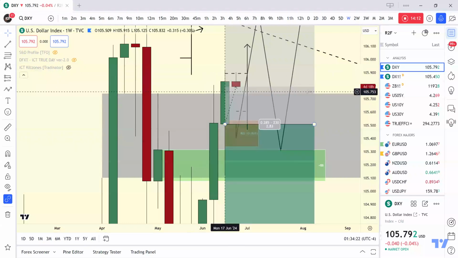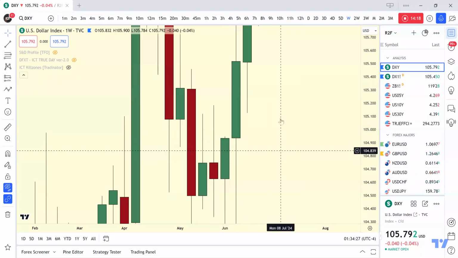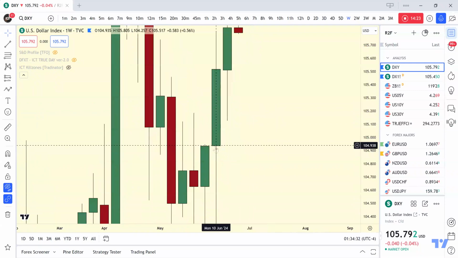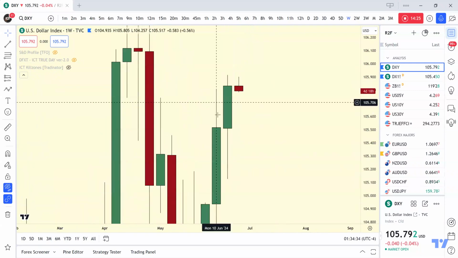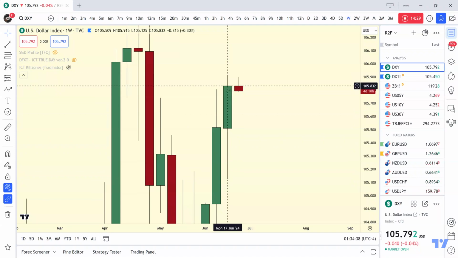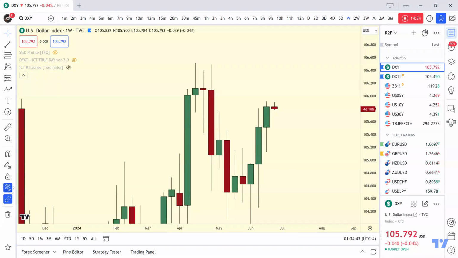You can get something like, turn it off. Power of three, right? Open, accumulation, manipulation, distribution. That's power of three.